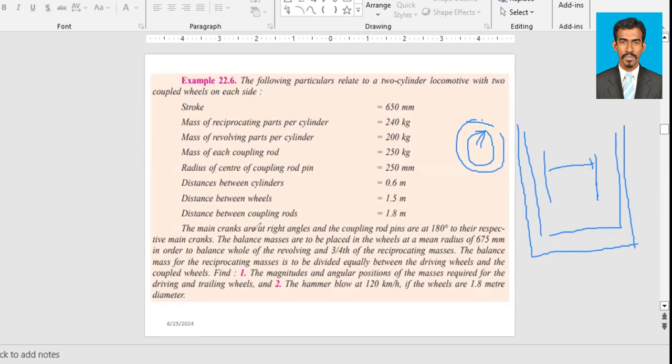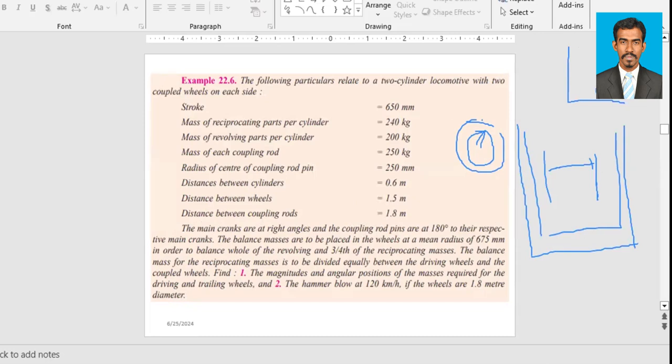The main cranks are at right angles and the coupling rod pins are at 180 degrees to their respective main cranks.